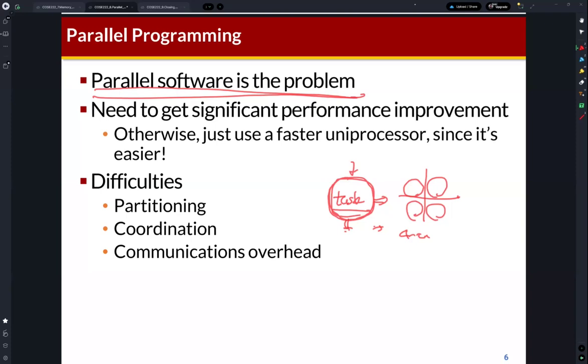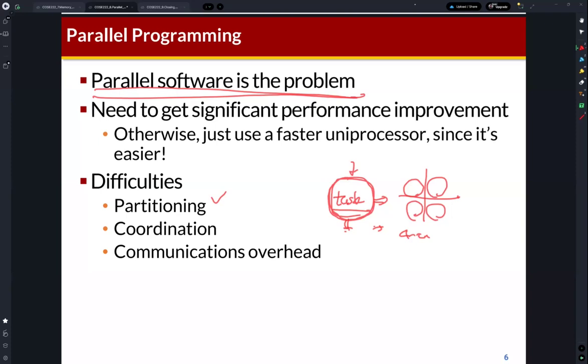Also, there are some other issues, such as the partitioning issue I just explained. Our task is not always partitioned into multiple parts.